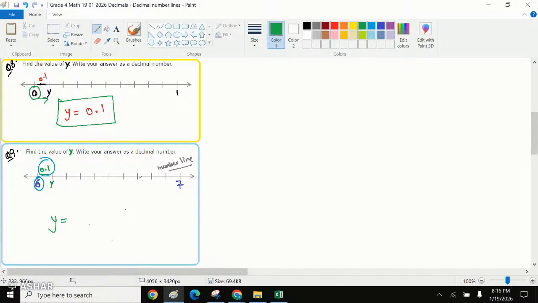But in question number 9, our starting position is a different number. It's not 0, it's 6 now. That means the number should be 6 plus the decimal number. Yes, May, thank you. In question number 8, what we were doing was 0 plus 0.1. It stays as 0.1, right? But in question number 9, what we need to do is the starting number plus the decimal number. That means y comes out to be 6.1. Do we agree on this, Semi?